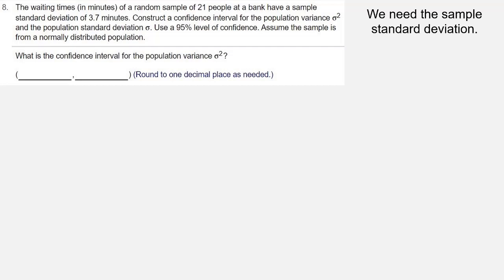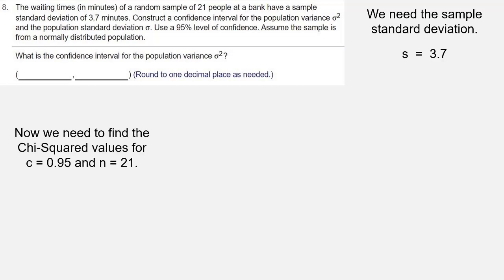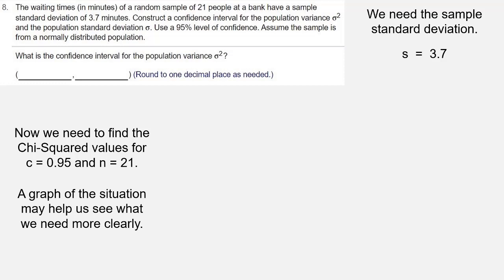So, we need the sample standard deviation, which was given to us as 3.7 minutes. Now we need to find the chi-square values for a confidence level of 0.95 and a sample of size 21. Drawing a picture might help us get a better idea of what's going on.